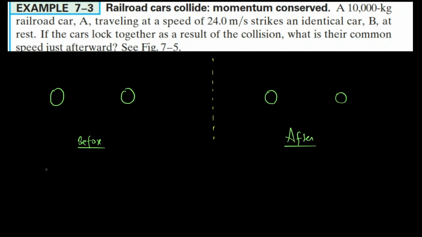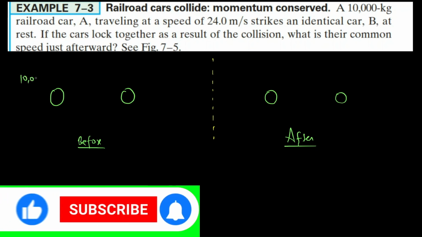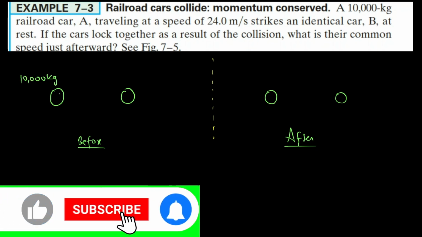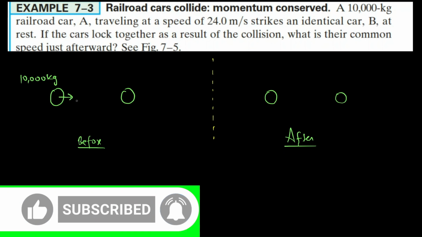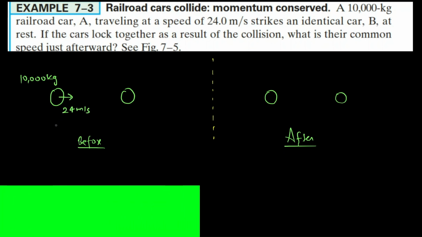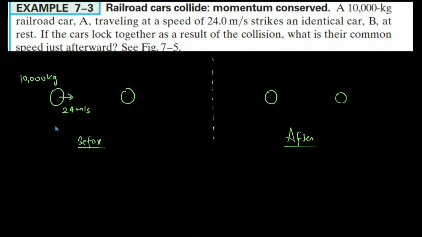Of course this has a mass of 10,000 kilograms, which is moving at 24 meters per second, and this one is at rest, right? And this is an identical body, so this is also 10,000 kilograms.